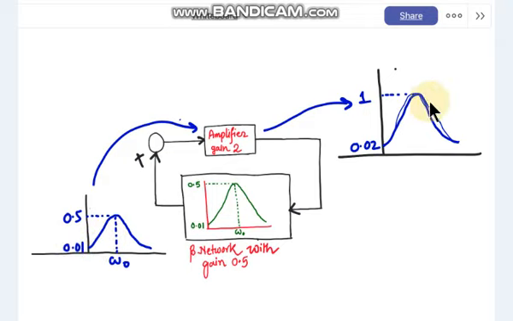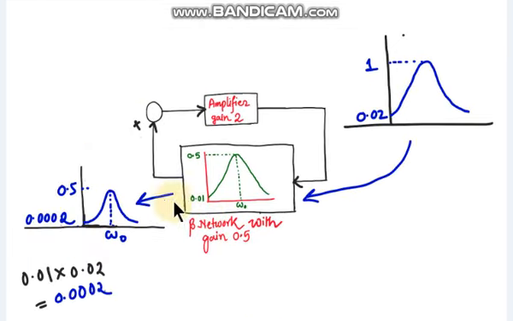Now this spectrum will again come to the beta network, and because of this beta network the maximum amplitude reduces to half and the minimum amplitude reduces to 0.002, that is over here. So it will be 0.002 and the maximum amplitude will be half again.